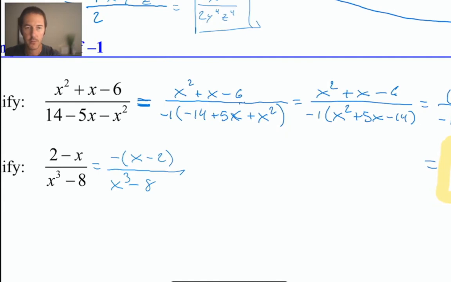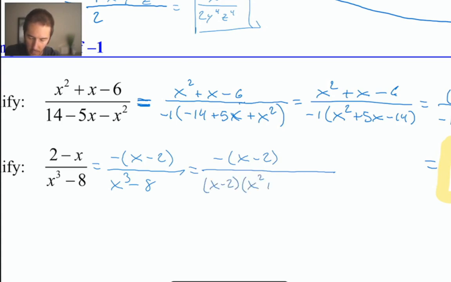This gives us the chance to be reminded of how to factor a difference of cubes, which you need to commit to memory for success in an algebra class. I'm going to leave my negative times my x minus 2 in the numerator, and in the denominator, I know that factoring x to the third minus 8 gives me x minus 2 times x squared plus 2x plus 2 squared, which is 4.